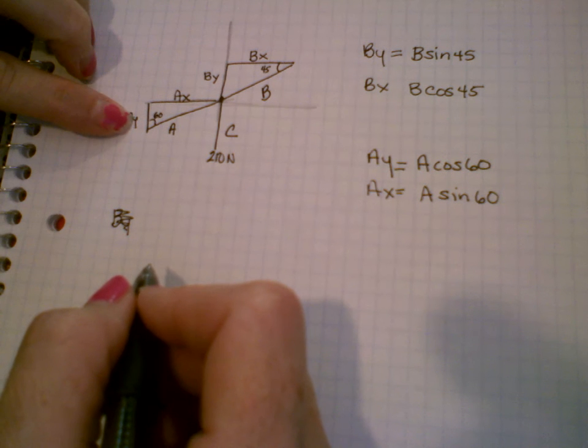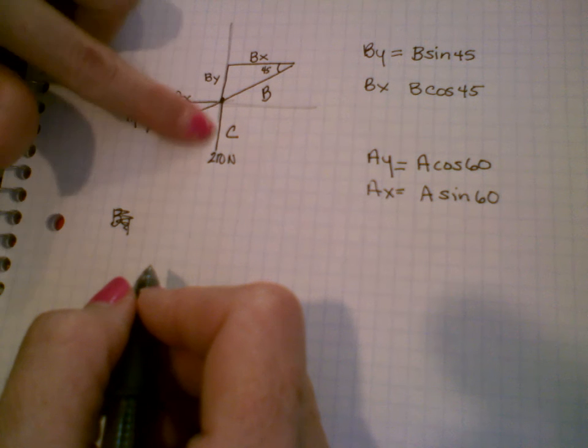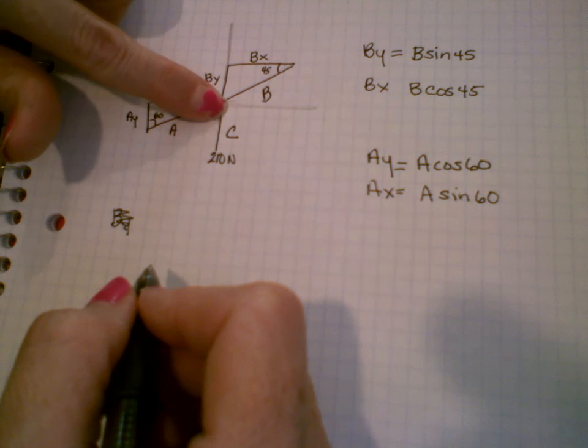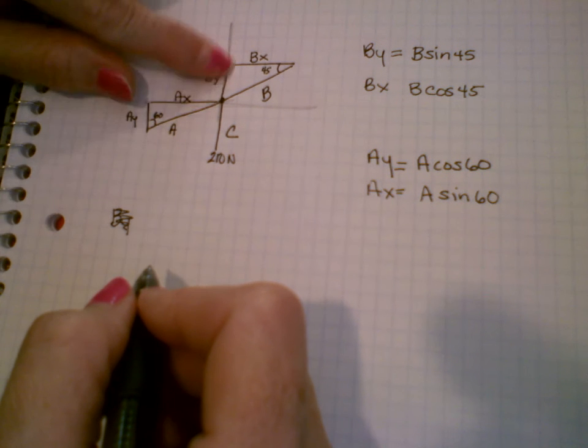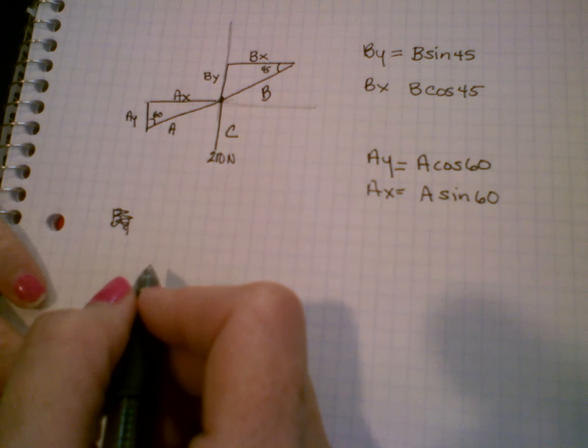So when we do this, we look at where these are in relationship to the particle. B sub y is above the axis, and A sub y and the 210 are below.